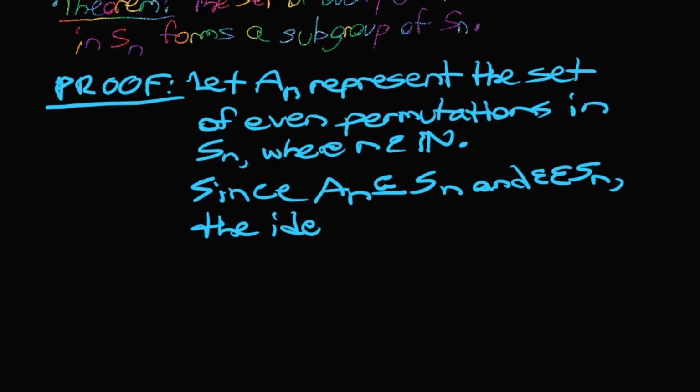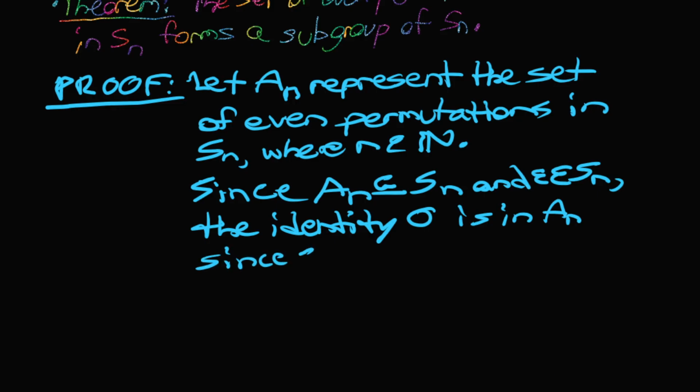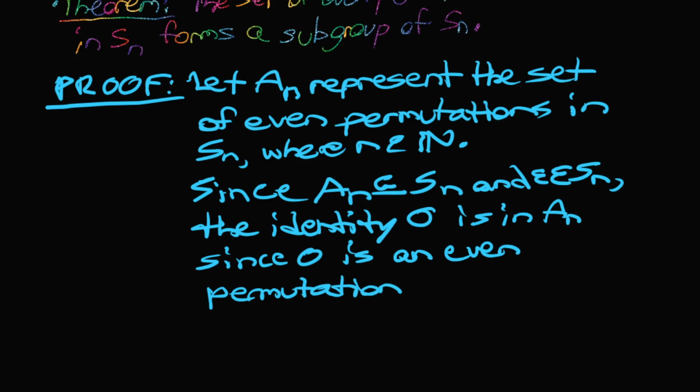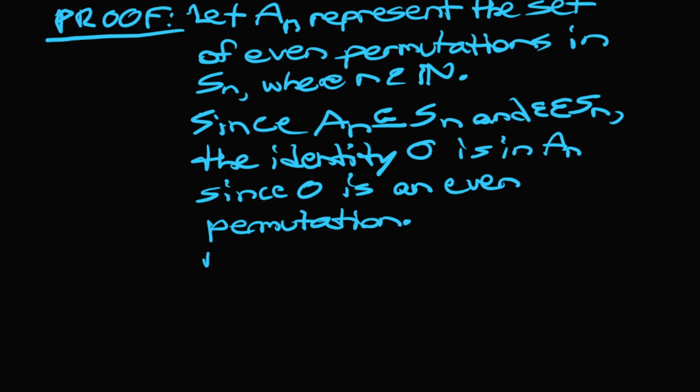The identity is in A of n, since the identity is an even permutation. So thus, A of n is non-empty.